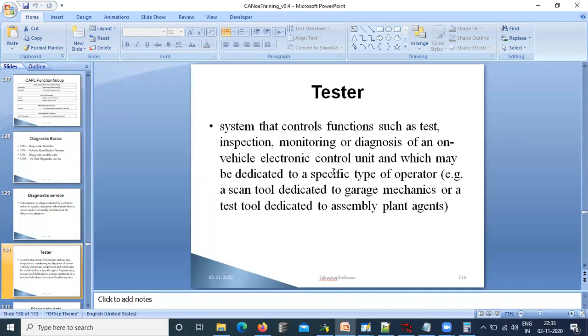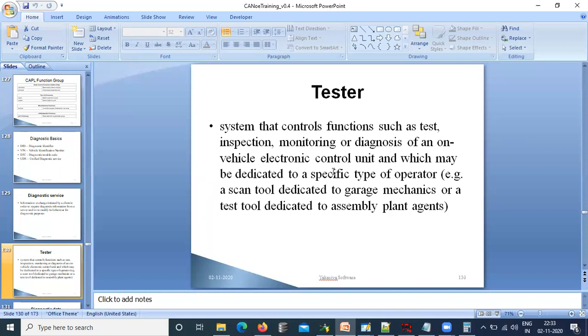The tester is an outside program which is not a part of the ECU application. It is an outside EXE or some sort of hardware that is connected to the ECU using the CAN network. So the tester acts as a node, like other nodes, VCM, DIM, ECU. The primary aim of the tester is to make a lot of requests to the ECU and get a lot of outputs from the ECU in different sessions.